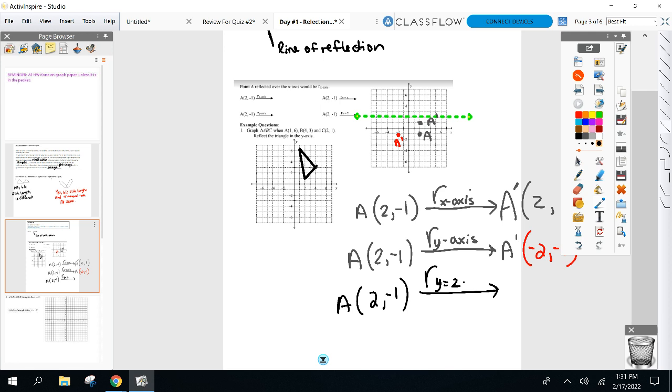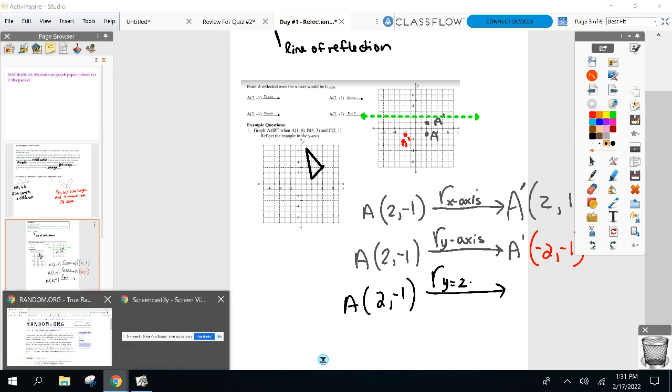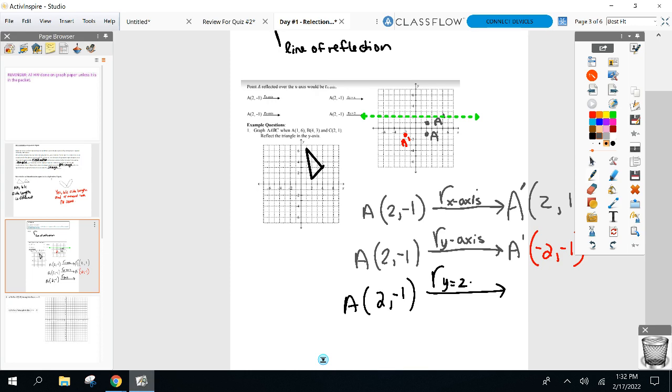My rules don't change though. Count. How far away is point A from that line? Count, so I can match the distance. How many units away is it? 3. 1, 2, 3. So guess what? I'm going to go 1, 2, 3 in the other direction.